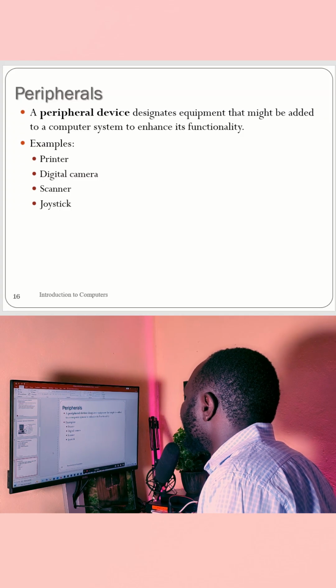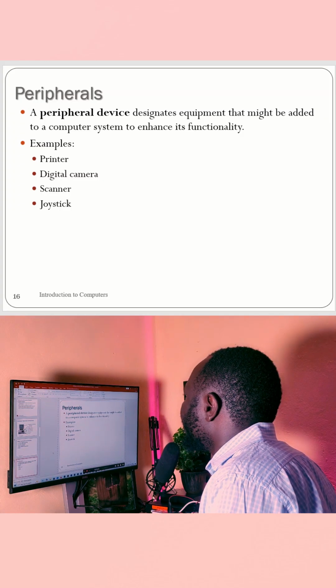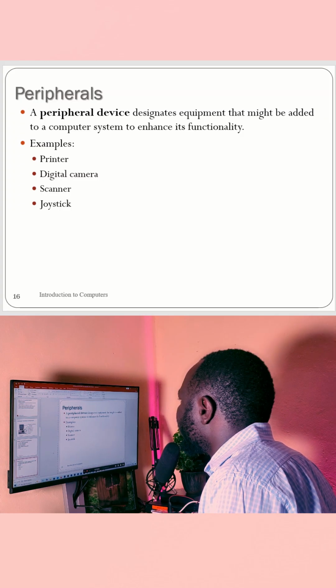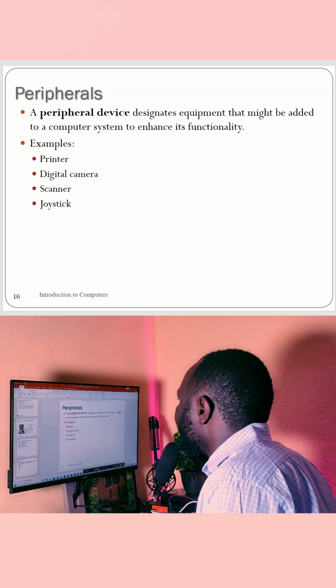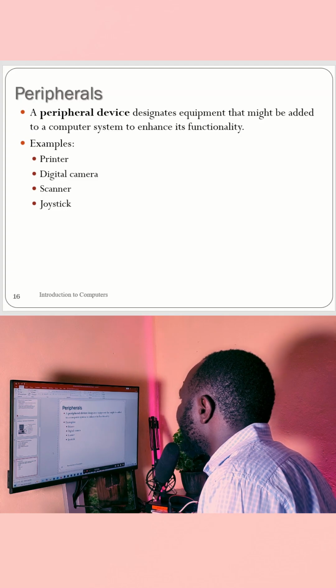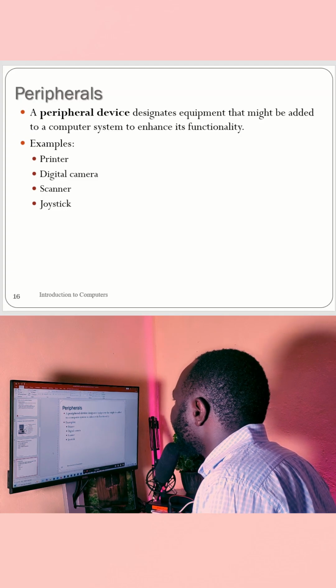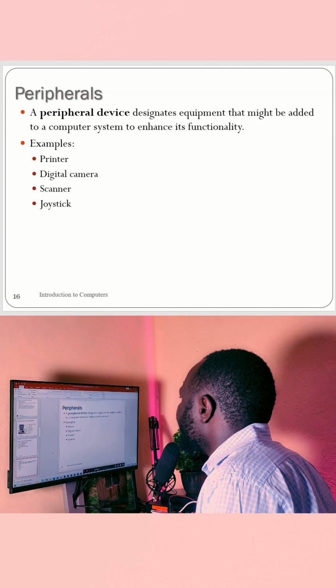It's a designated equipment that might be added to the computer system to enhance its functionality. Any hardware component that you add to your computer, which is not originally part of your computer, but because you want to get a specific functionality from your computer, or you want to enhance its functionality, you add to it this device, it becomes a peripheral device.